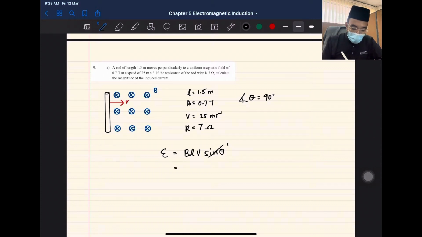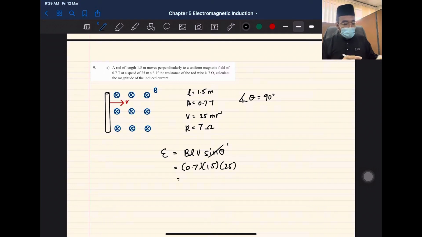So magnetic field equals 0.7 multiplied by the length 1.5 and velocity is 25. Okay, this one would be 262.5. Sorry, I pressed it wrongly. It's 1.5, which is 26.25. Okay, but this is actually the value of the induced EMF.